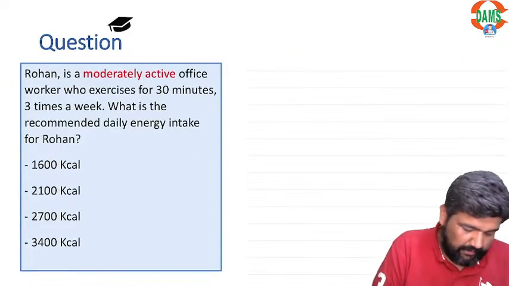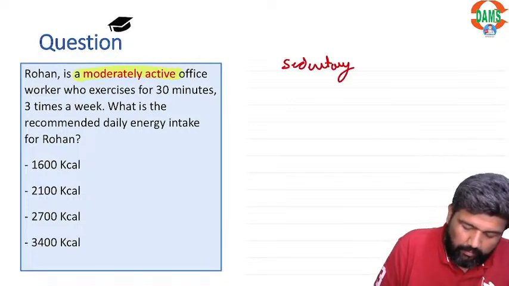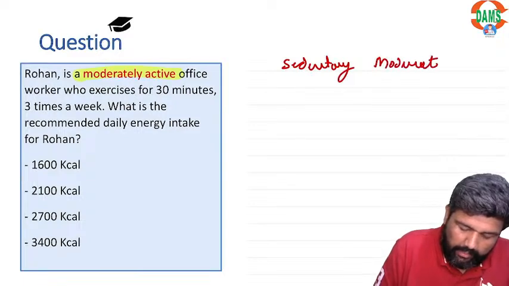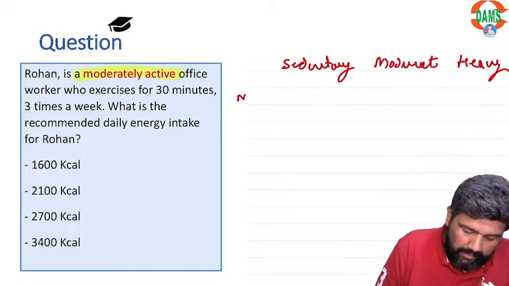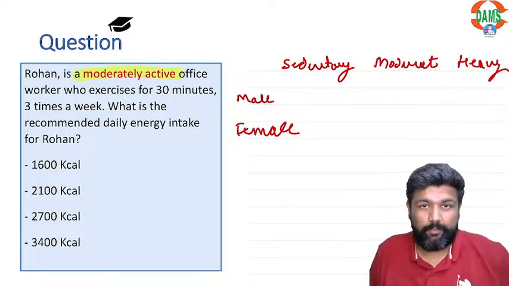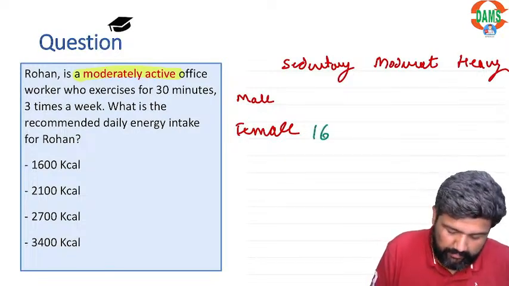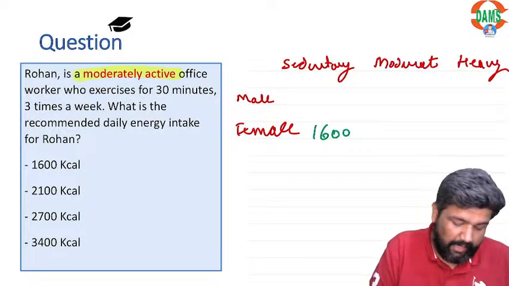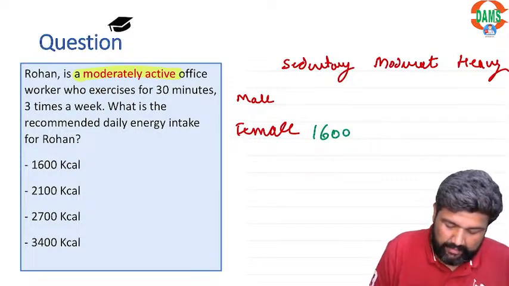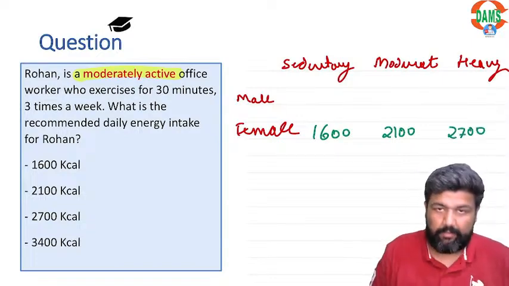Now, guys, this is important. For moderately active, listen: sedentary, moderate, heavy worker; male, female. Always remember one rule: female first. A female needs 1600 kilocalories. Add 500 to 1600 and you get 2100 kilocalories. Add 600 and you get 2700 kilocalories.